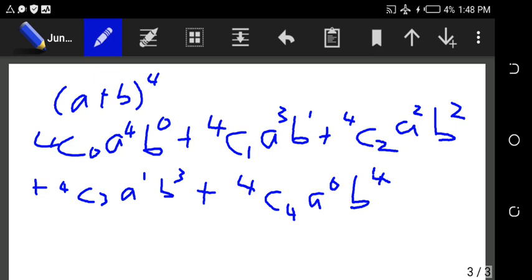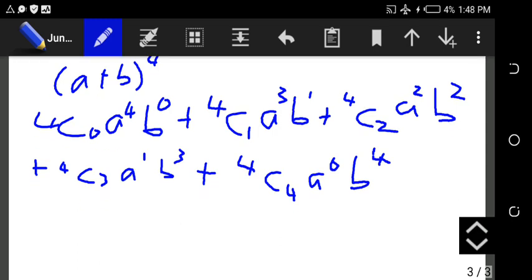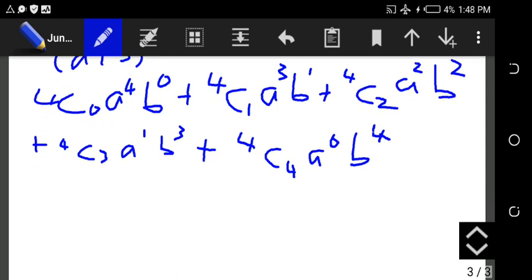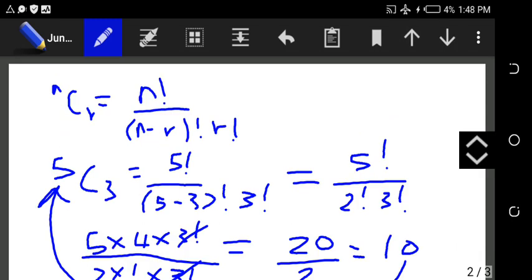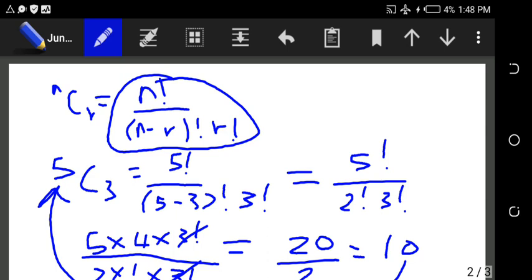Okay, so the next thing that we have to do is to simplify all these combinations that we have: 4 combination 0, 4 combination 1, 4 combination 2, and we have also looked at before now how we simplify this. So starting with 4 combination 0, remember that we have to use this general formula. Our n combination r is given by all this. So we have to subtract the r from the n, find the factorial of that, and of course the factorial of the r.